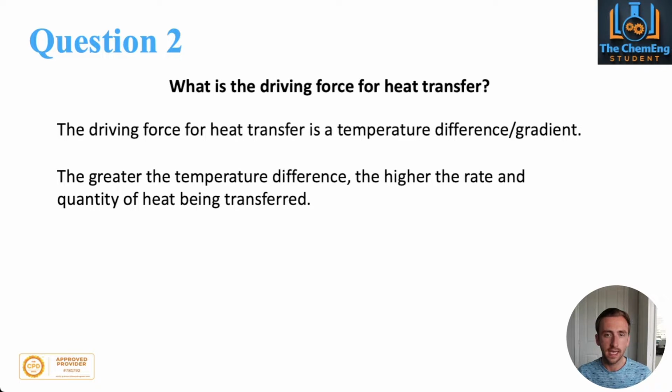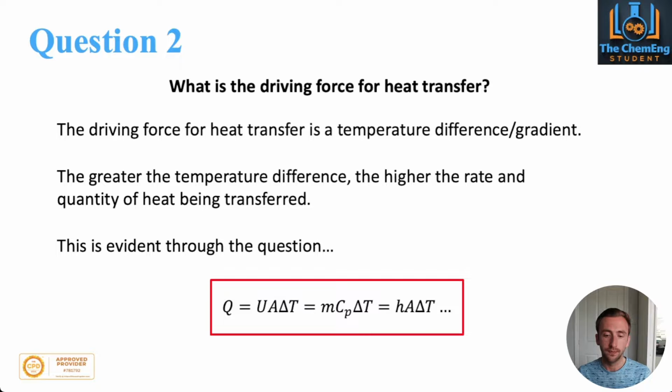So what we can say here is that the greater the temperature difference, the higher the rate of heat transfer and the quantity of heat that is being transferred. And this is evident through the following equation. Now granted there are other variations, but this just highlights the influence that the delta T, so the UA delta T, the delta T is the driving force.